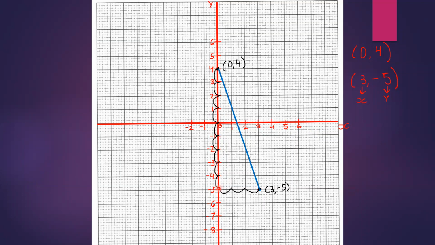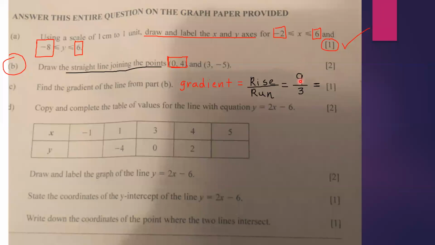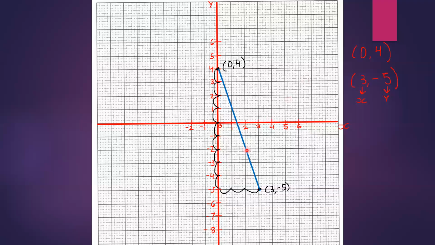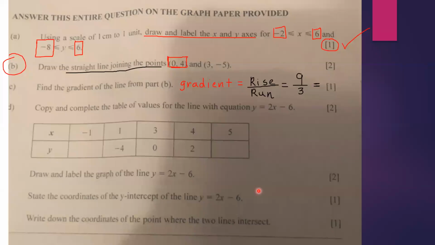So what's the rise, Antonio? The rise is 9. And then the run, we're going to go over 3 times, right? So 1, 2, 3. The run is 3. What is 9 divided by 3? 3. So what's the slope?